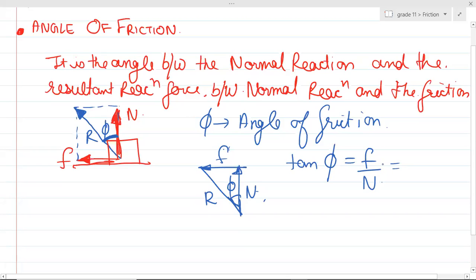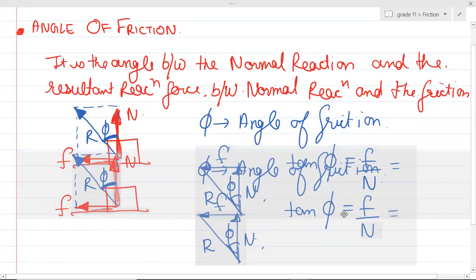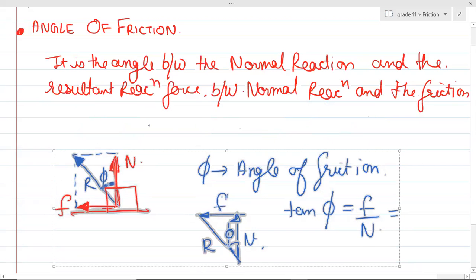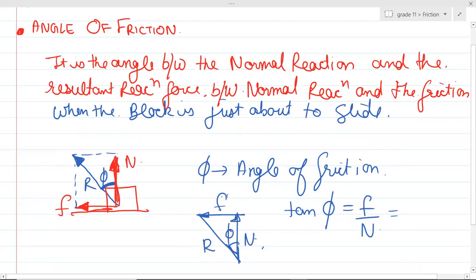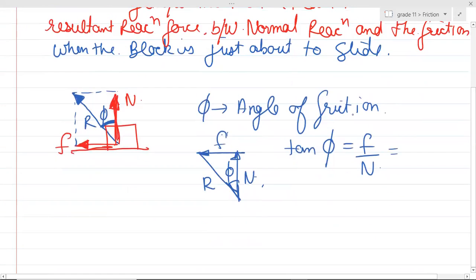I think there is one small condition to it. It is the condition when the block is just about to slide. Is this clear, guys?